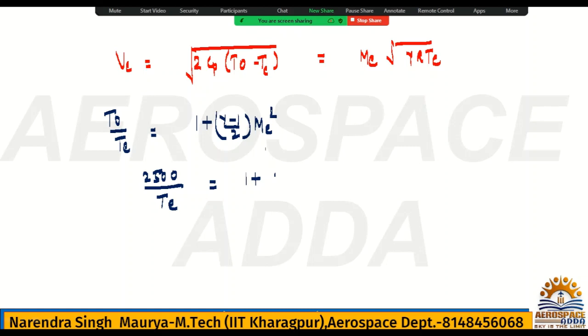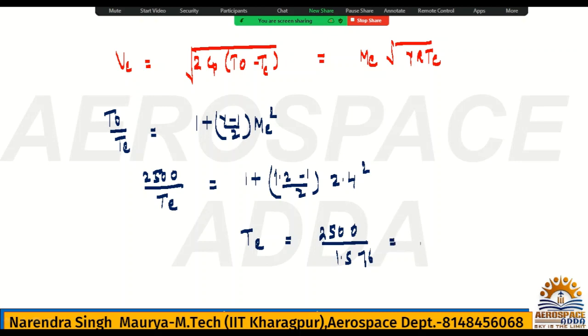So we can write 1.2 minus 1, by 2, times ME which you have just calculated, 2.4 square. So what is the TE? Let me check in my calculator. I'm getting 2501.57 for the numerator, and to solve this, you will get 1586.3 Kelvin.